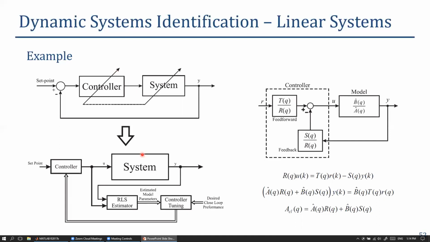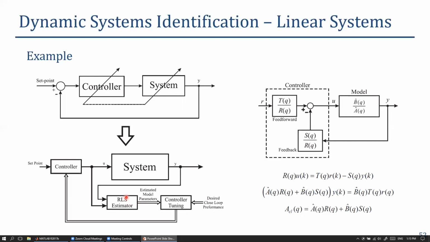So what do we do then, right? We have our system, which changes over time with the operating point. We apply the recursive least squares estimator, which is constantly monitoring and constantly updating the model parameters. When the model parameters change, the recursive least squares estimator will provide the new model parameters.